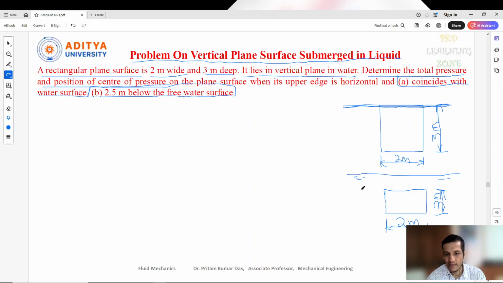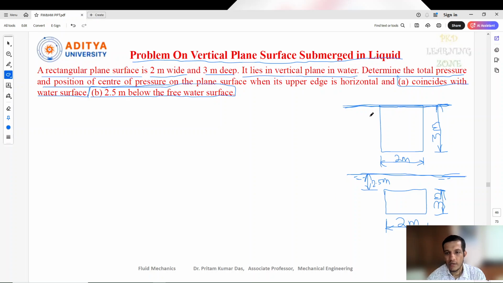The distance from the free surface to the top of the plane is given as 2.5 meter below the free surface of water.